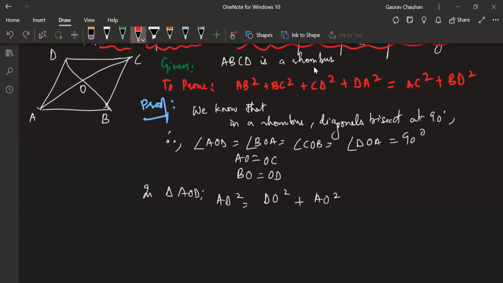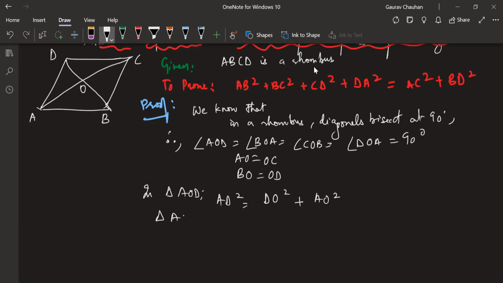If I take all four right triangles, I'm going to get all of this on the left side, because all of these are going to be hypotenuses. This is a hypotenuse, this is a hypotenuse, and so on. I'm going to do that for all four triangles.